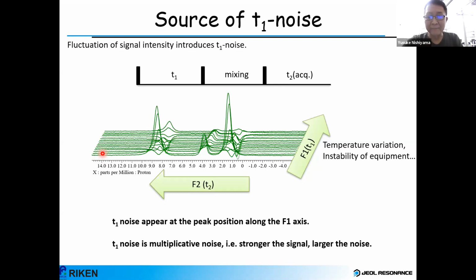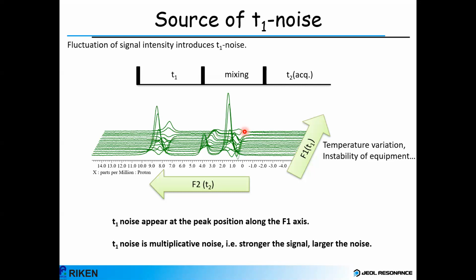So if we have a stability problem, like long-term instability of the NMR equipment, or maybe temperature variation in the course of the measurement, we also observe some additional intensity fluctuation. Since the time of evolution of the T1 period is encoded as intensity evolution, these signal variations introduce additional T1 noise.